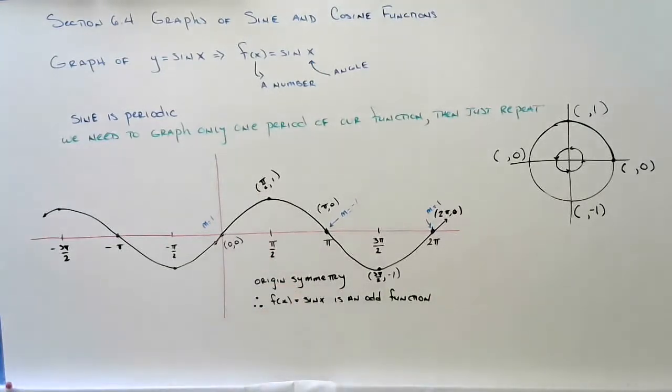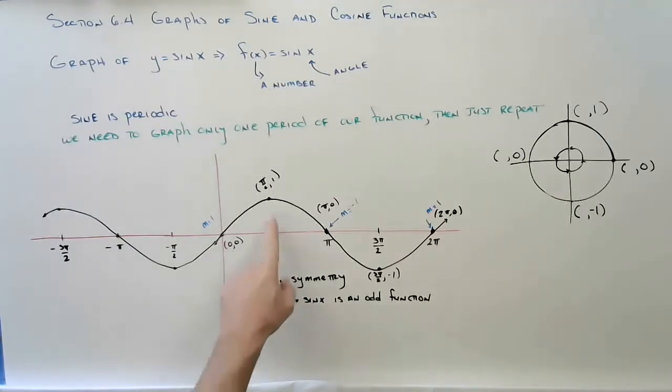So just like everything else we've graphed, we're going to have to label our points on our curve. We don't need the blue slope indicators on there. Those were just there to help you draw sine curves that look more like the sine curve you're going to see in the book. They're going to look more correct.